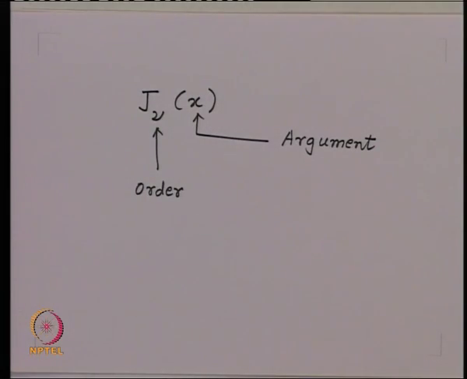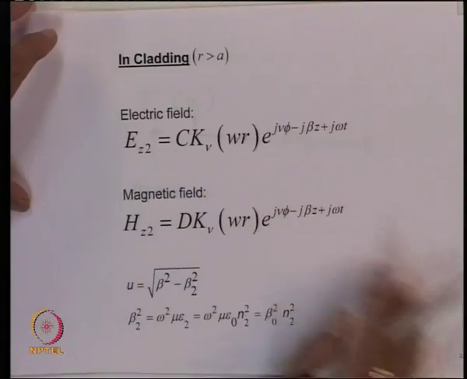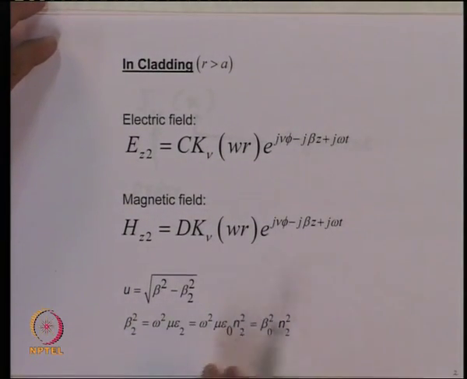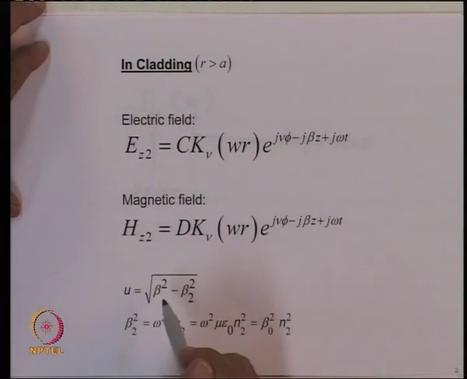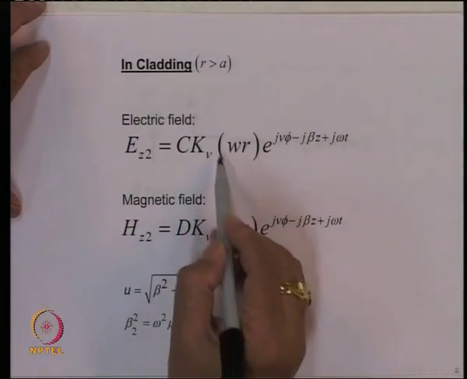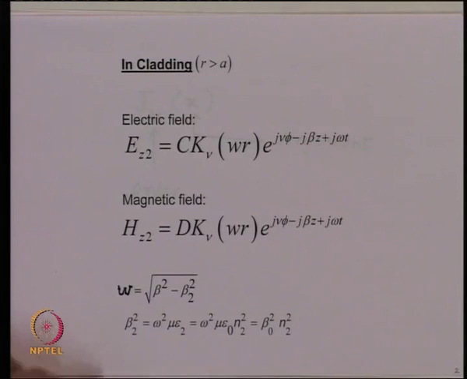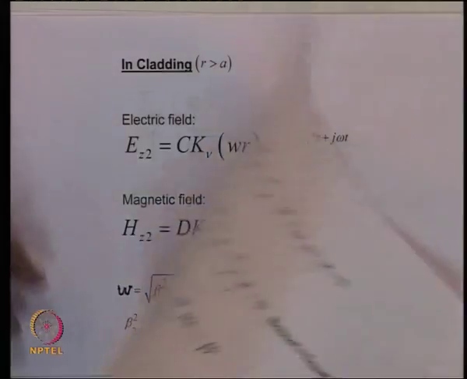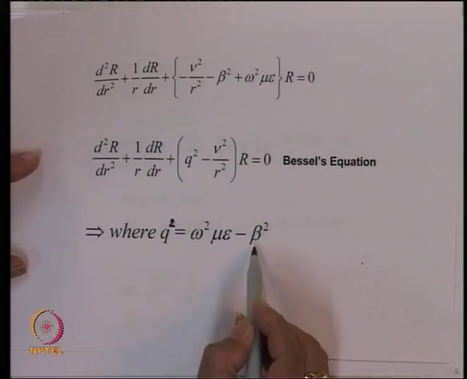Similarly, we can write for the fields inside the cladding, where C is some arbitrary constant which defines the amplitude of the fields, and K now is the modified Bessel function with the argument WR, where W is defined as this. So, what we have done here, we have this quantity Q square, which is omega square mu epsilon minus beta square.